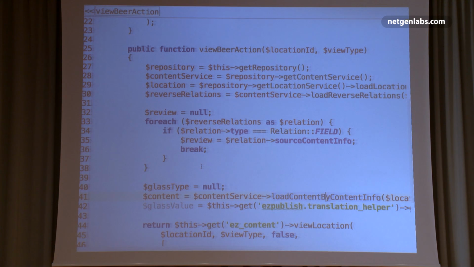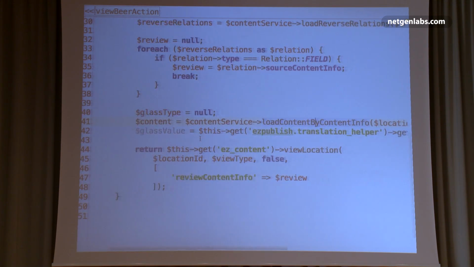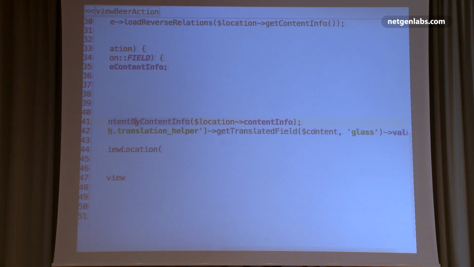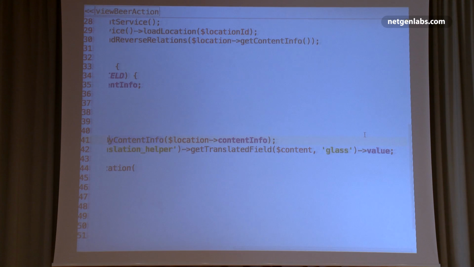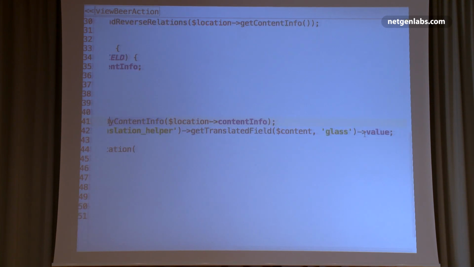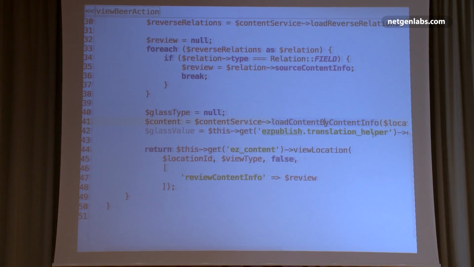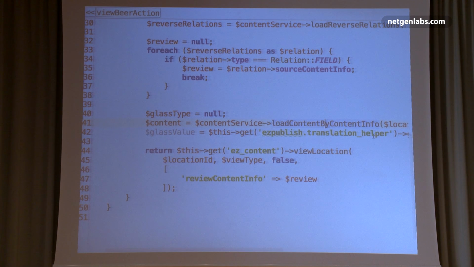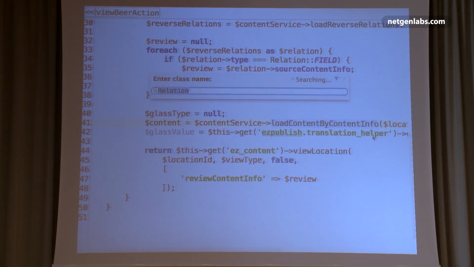Okay, so I think I fixed my code. Class value, get translated field, the content object, and the class field identifier, and we get the value. And the value is, what do we have again?